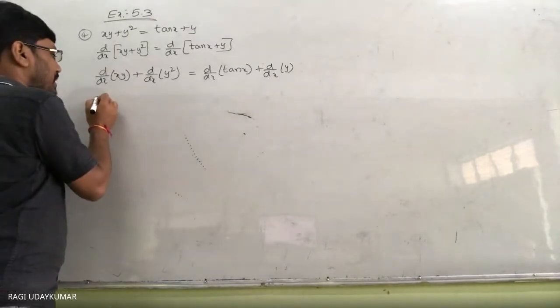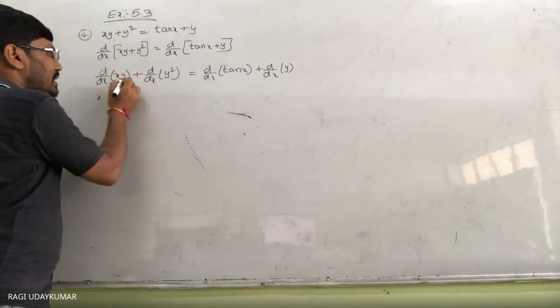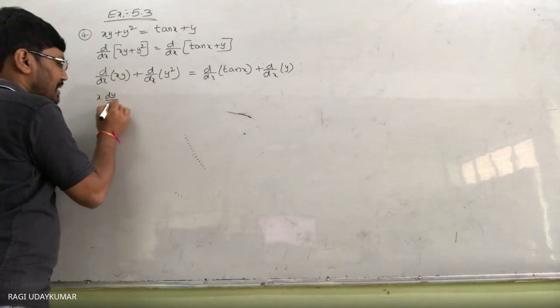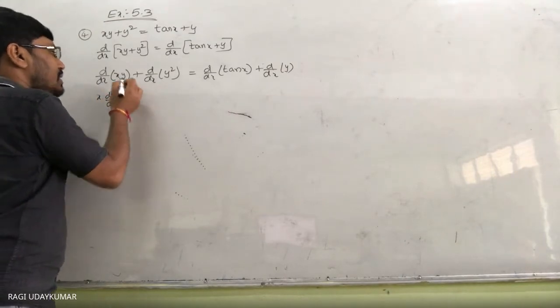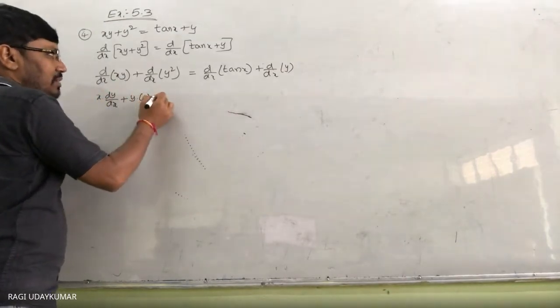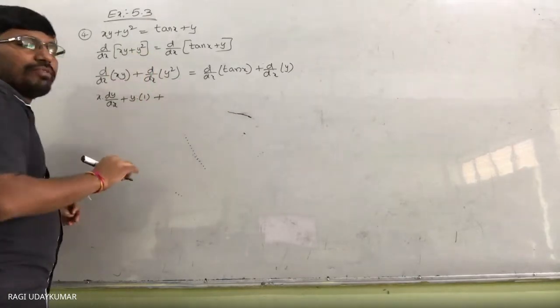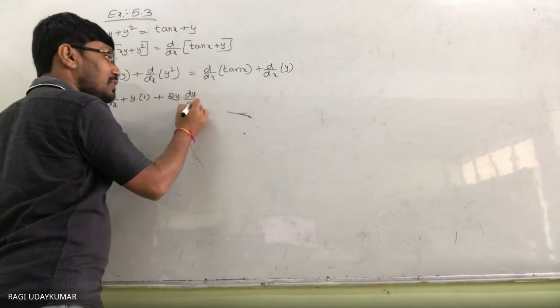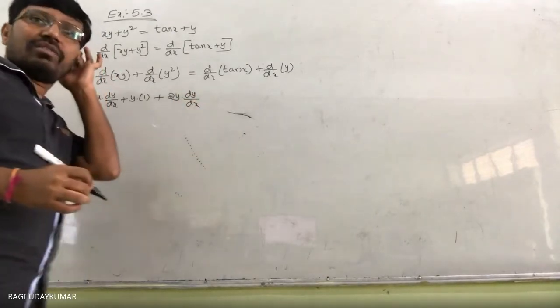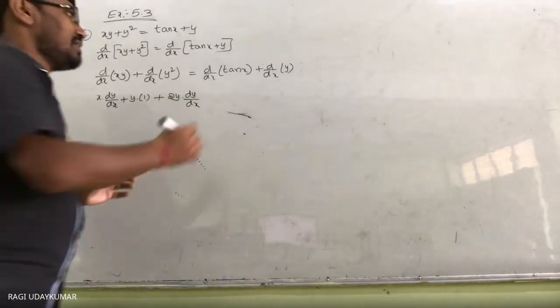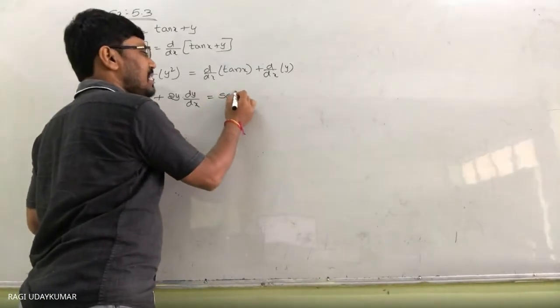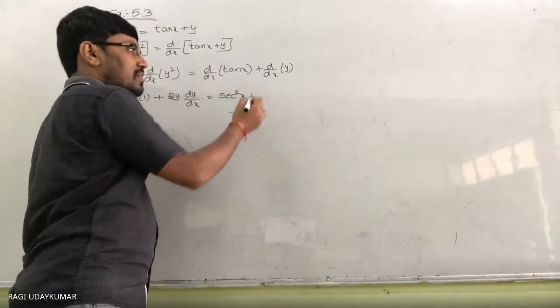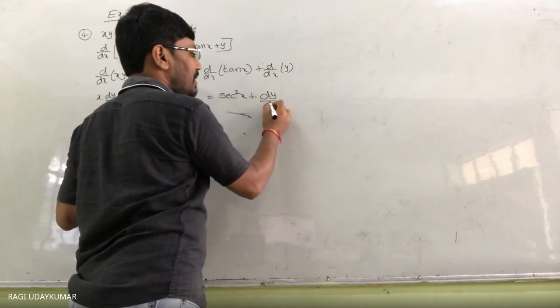So x into the derivative of this one, dy by dx, plus y into the derivative of x, that is 1, plus the derivative of y square is 2y, and again y should be differentiated with respect to x, giving dy by dx. Tan differentiation is secant square of (x plus y).